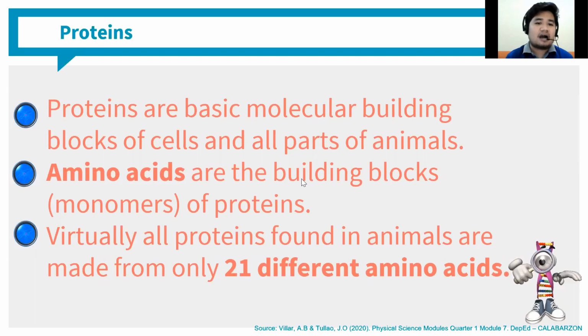Amino acids are the monomers of proteins, and virtually all proteins found in animals are made from only 21 different amino acids. So, kapag tumingin ka sa salamin, lahat ng nakikita mo, may protina dyan. Okay? Balat, kuko, buhok, protina yan.